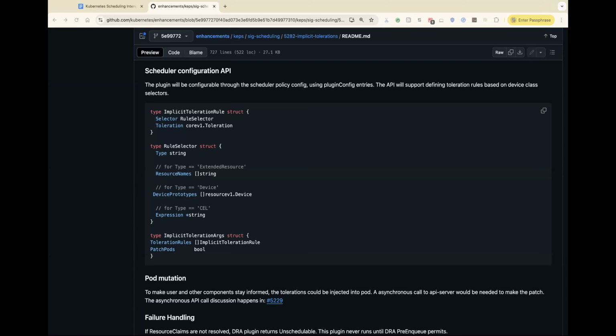Because at that point we have no idea what resources or devices the pod is going to need. Well, in the filtering phase, you should know everything.